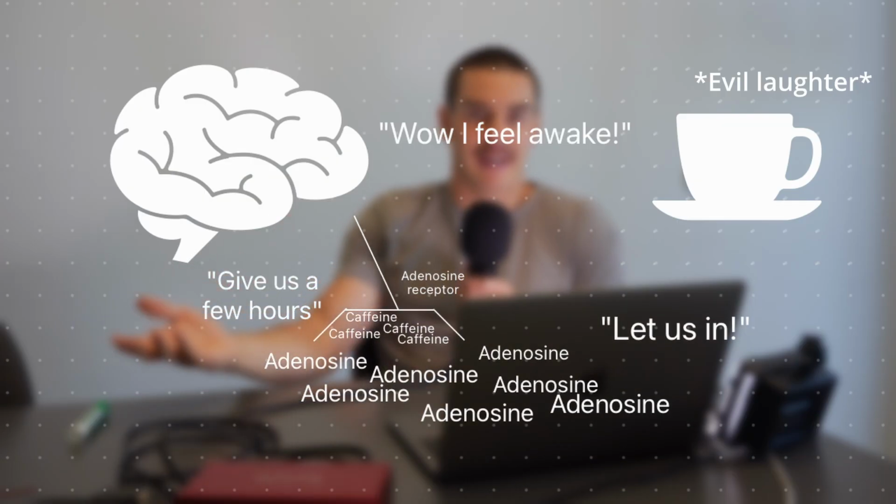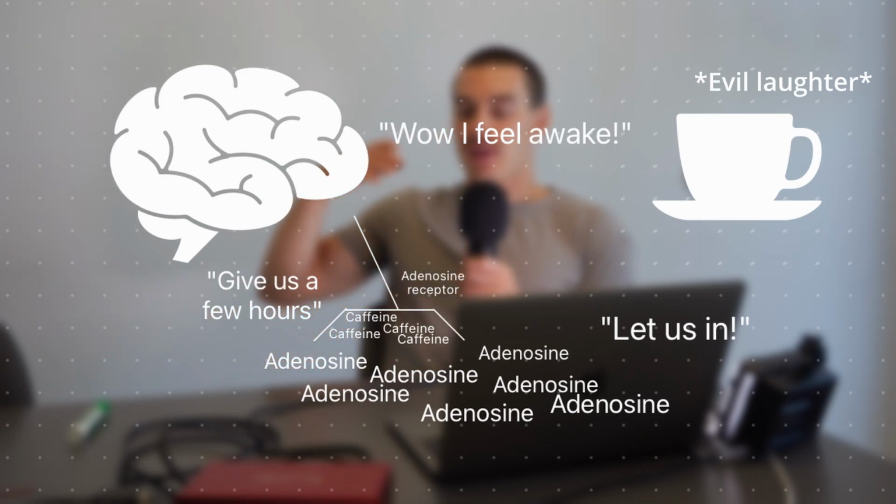It builds up during the day. That's why you get more and more tired during the day, and by the end of the day you achieve a threshold that pressures you to fall asleep. And coffee masks those receptors, so it feels like you've been awake for 3 hours when in reality you've been awake for 10 hours. So you want to avoid coffee too late in the day.